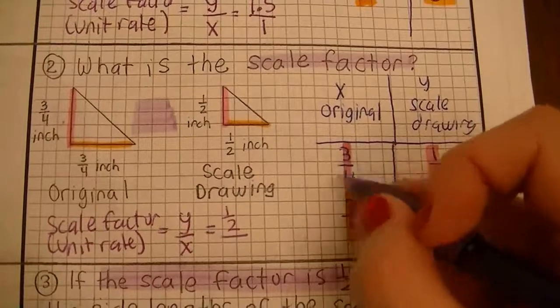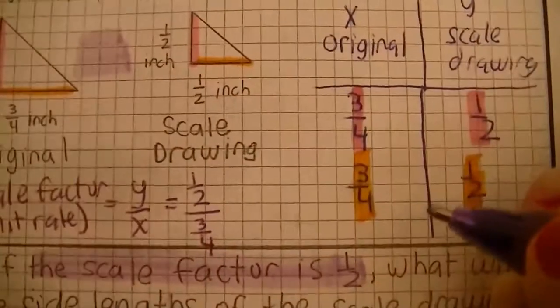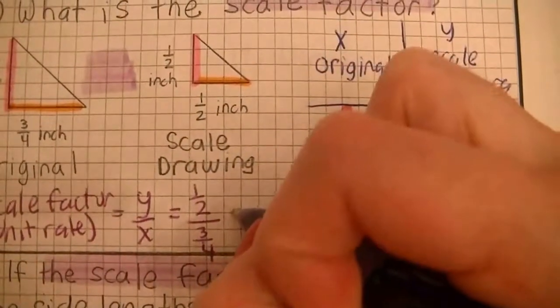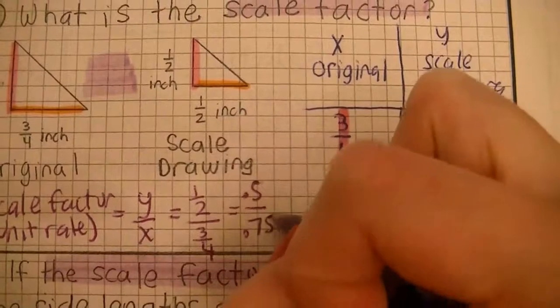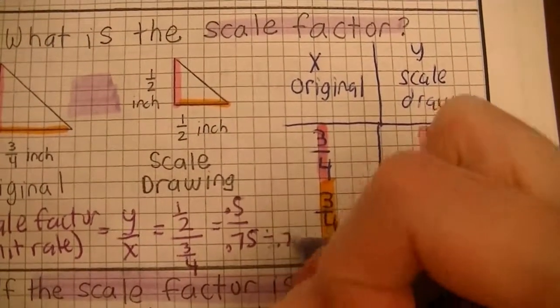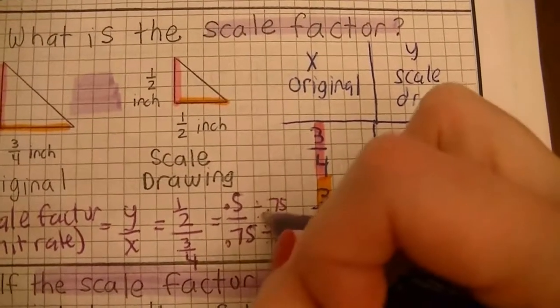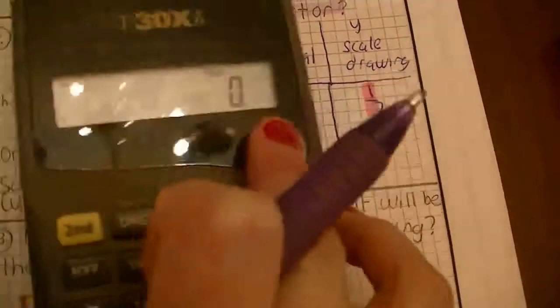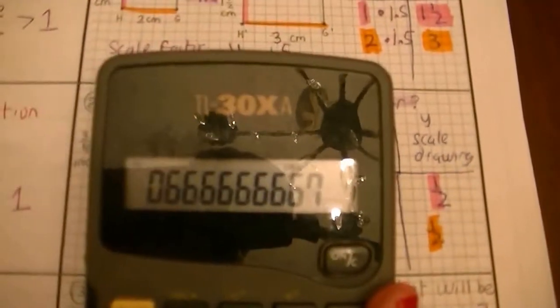And then the x value is 3/4, or 0.75, and that looks kind of weird, so I am going to write that. 0.5 over 0.75. Now I'm going to divide by 0.75. Okay, so 0.5 divided by 0.75, and we get this right here, okay?